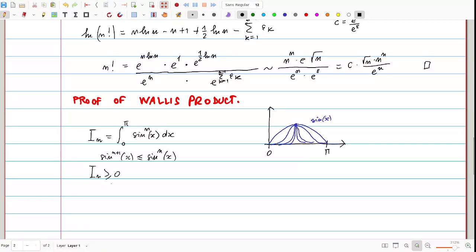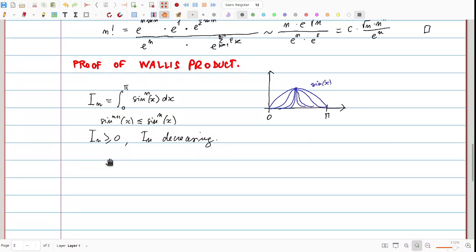This is positive and decreasing. You could prove that I_n is going to 0, but we don't need this, because the idea now is the following. We want to compute these integrals. So I_0 is the integral between 0 and pi of 1.